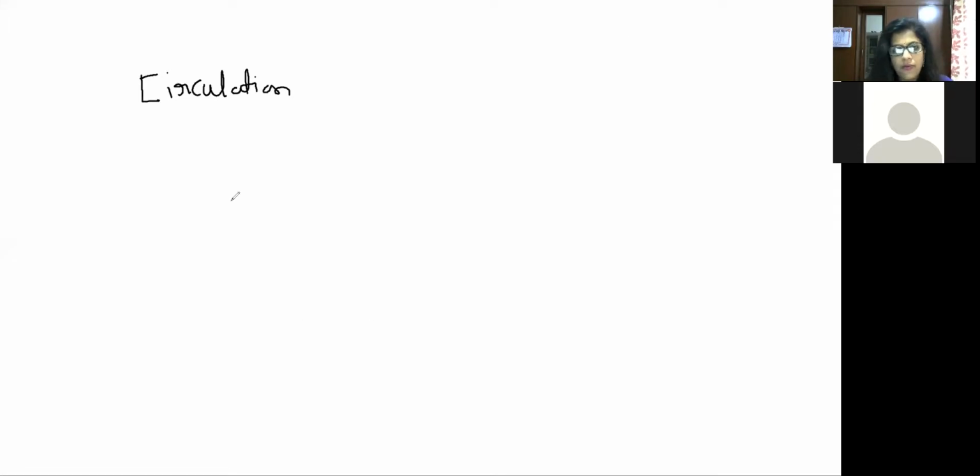Okay. So this is our screen where I'm going to explain you. So let me give you the heart and explain how exactly the origin of heartbeat takes place. This is the heart. Let me erase some of the portions here.